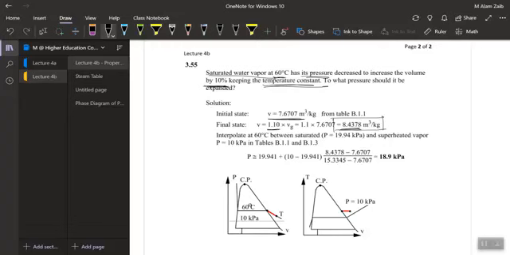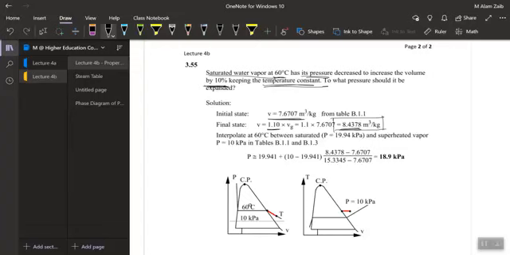So let's go back to the superheated table. In the superheated table, we have to find the temperature of 60 degrees centigrade and the volume equal to 8.4378.